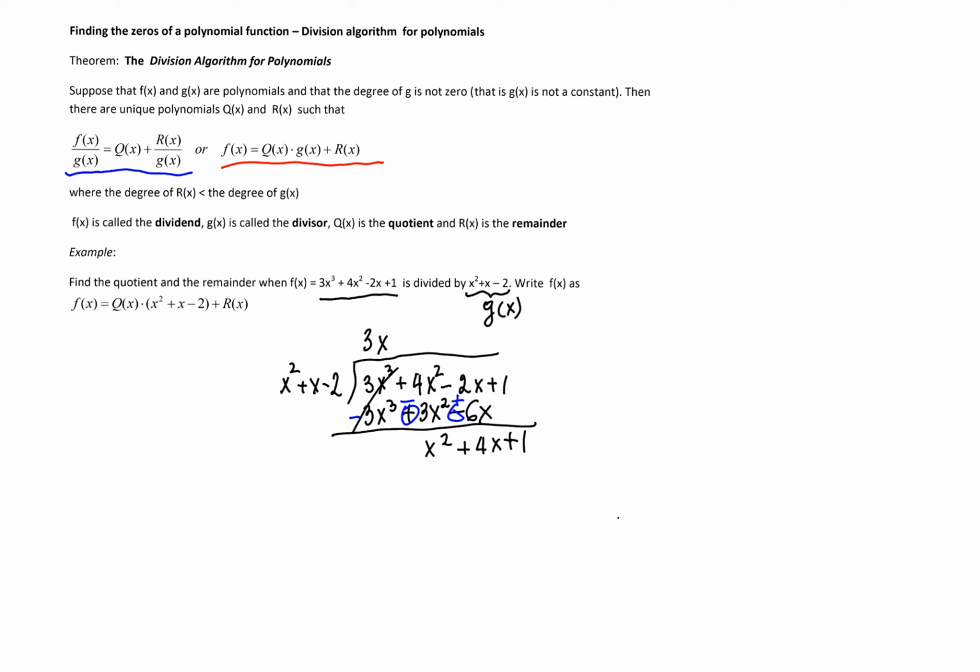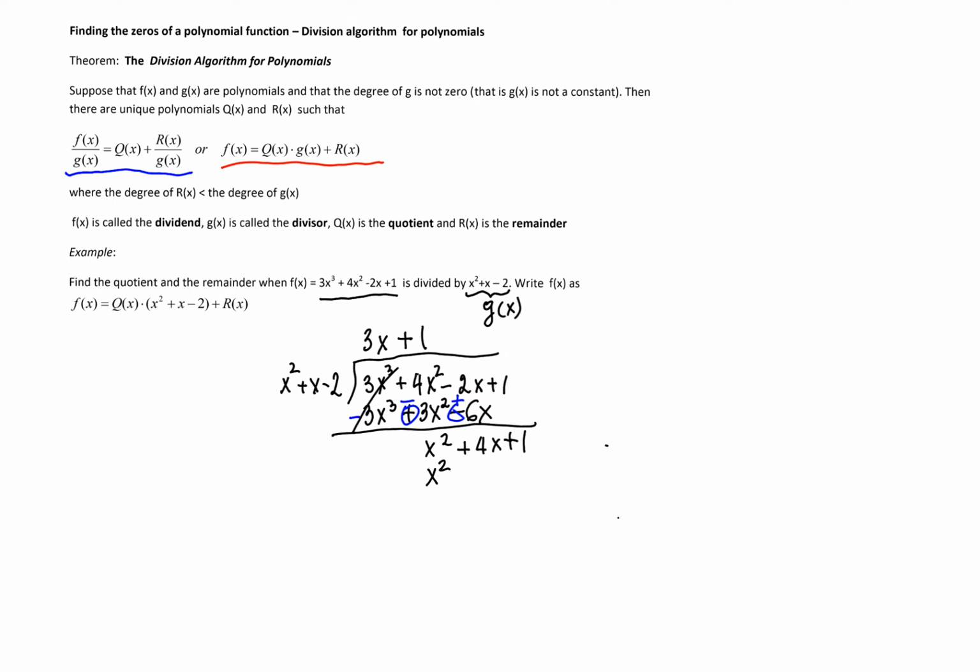And we'll repeat the process with x squared plus 4x plus 1 being the dividend. So we divide x squared by x squared of the divisor. That is going to be 1. And now we multiply 1 times the divisor and write underneath the dividend.